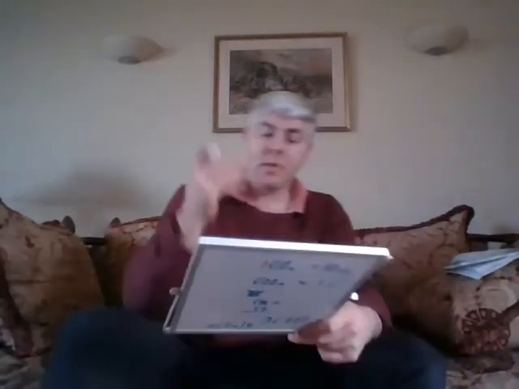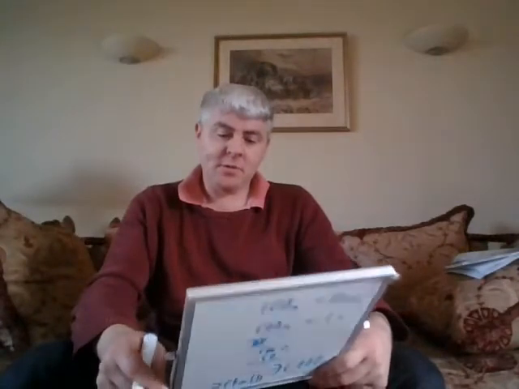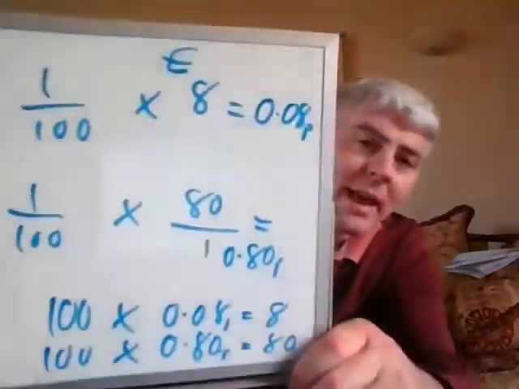And if I said 100 times 80p, that'll be 80. So I just wanted to try and explain that to you. So 8p and 80 pence down at the bottom there.